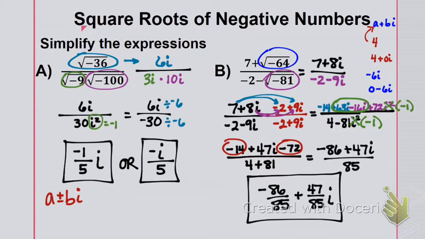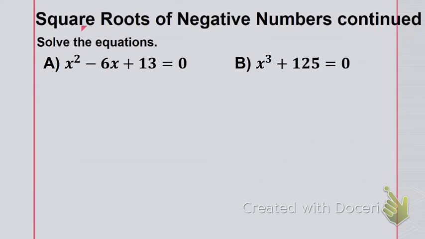So to conclude our conversation about complex numbers, we're going to use it when we're solving. So right here, I want to solve these two equations. They're both going to require the use of complex numbers. On part A, how do I know whether or not an equation is factorable or if I have to use the quadratic formula?